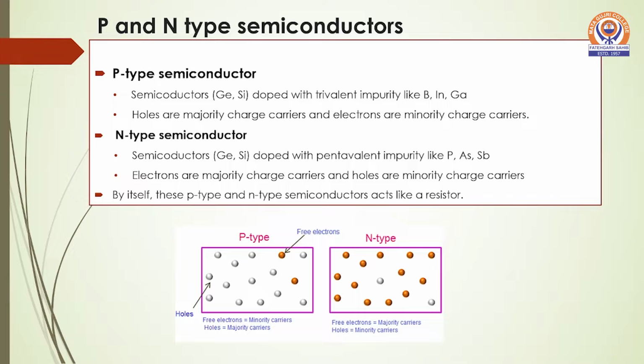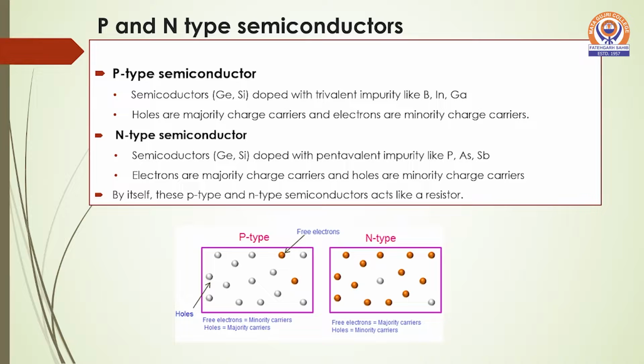Let's start with the basic definition of P and N-type semiconductors. Semiconductors like germanium and silicon, when doped with trivalent impurities like boron, indium, gallium, are known as P-type semiconductors.